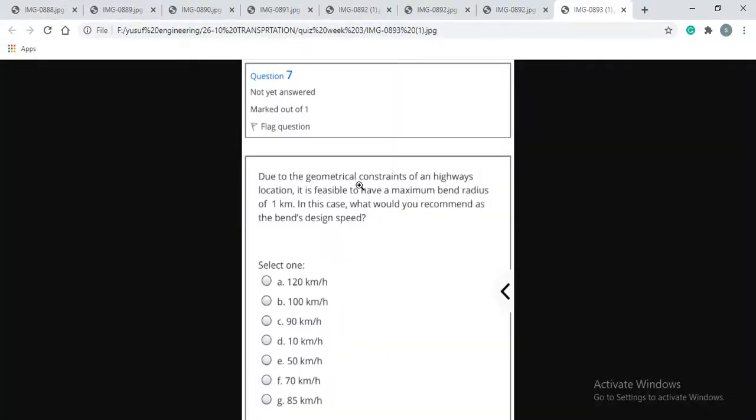Then question number 7: due to the geometrical constraint on a highway location, it is feasible to have a maximum bend radius of 1 kilometer.